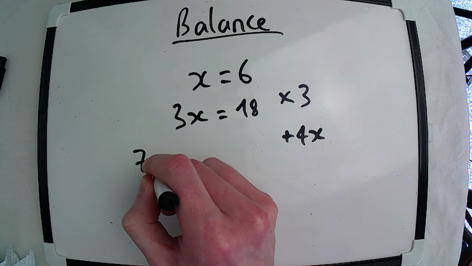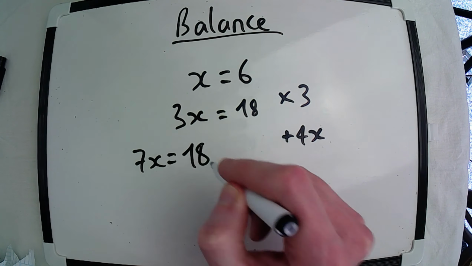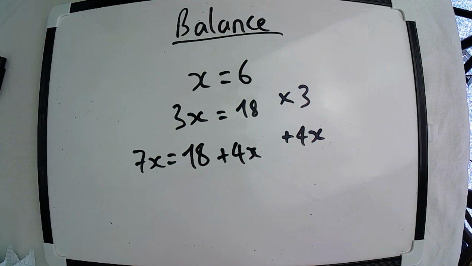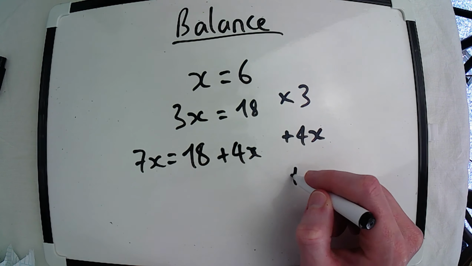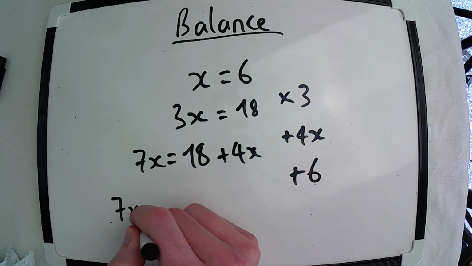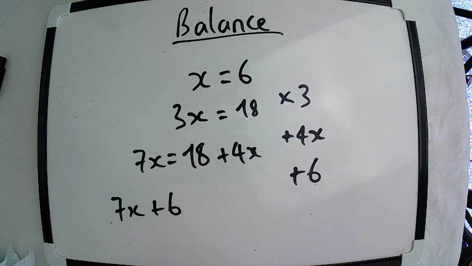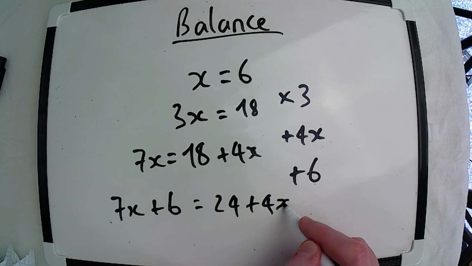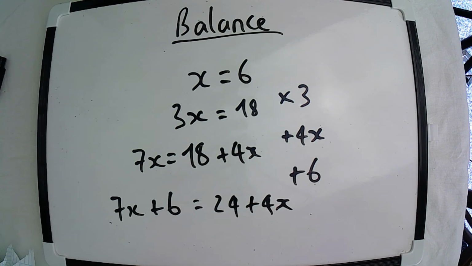We have 7x equals 18 plus 4x. And we'll do one more stage. We'll add 6. 7x plus 6. Remember, 7x plus 6 does not equal 13x. 7x and 6 need to be separate. Equals 24 plus 4x.